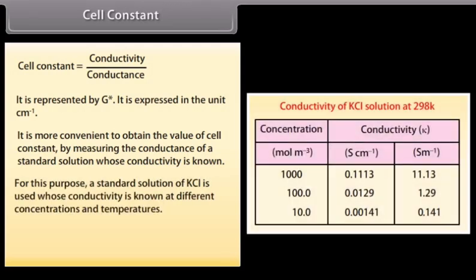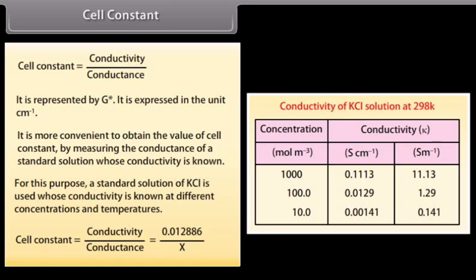For this purpose, a standard solution of KCl is used whose conductivity is known at different concentrations and temperatures. Cell constant is equal to 0.012886 upon X. Once the cell constant is known, the conductivity can be calculated from the measured conductance or measured resistance of the electrolytic solution.